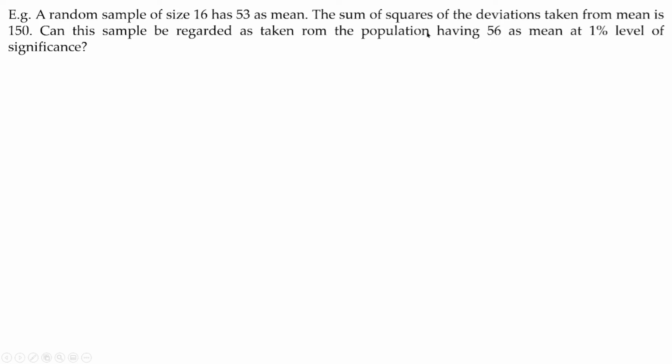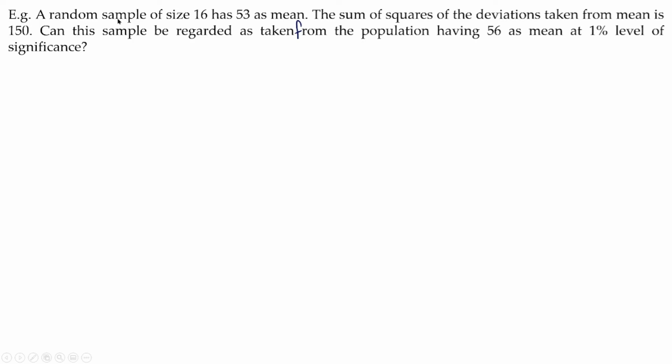The sum of squares of the deviations taken from mean is 150. Can this sample be regarded as taken from the population having 56 as mean at 1% level of significance?